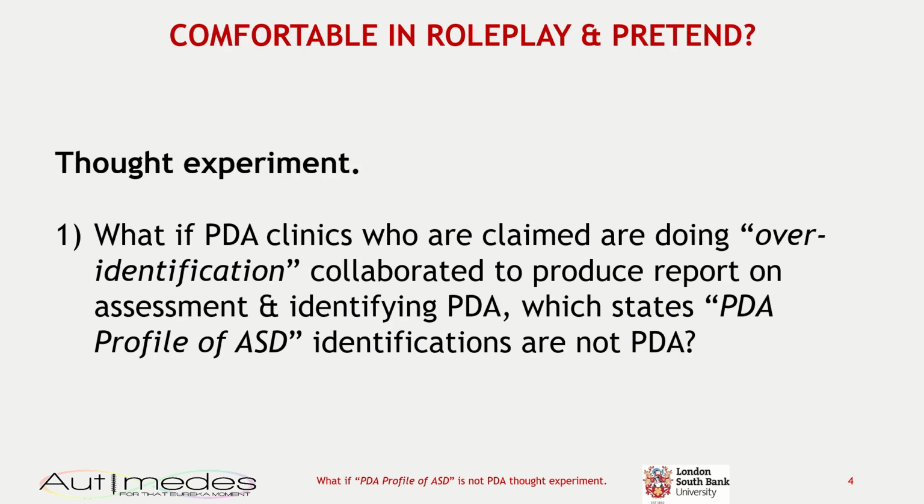So the quick thought experiment is: what if the PDA clinics who are claimed to be doing the over-identification of PDA collaborated to produce a report on assessment identifying PDA, which states that PDA profile autism identifications are not PDA? So the entire premise of this is inverting what PDA profile autism advocates have done in their report to non-PDA profile of autism PDA identifications.